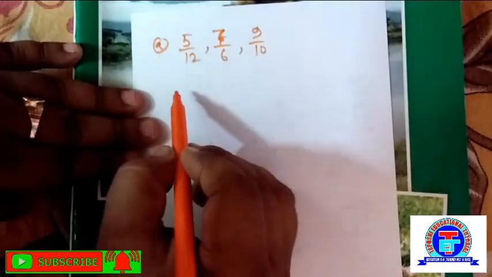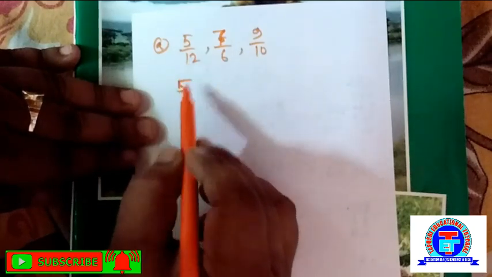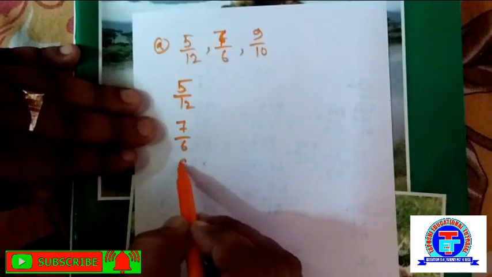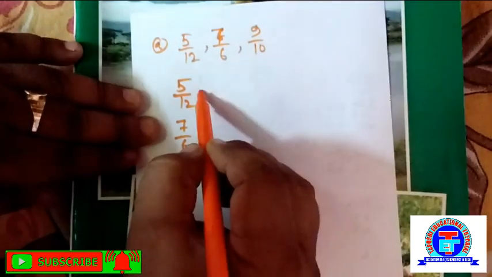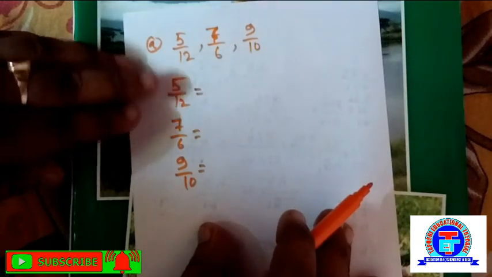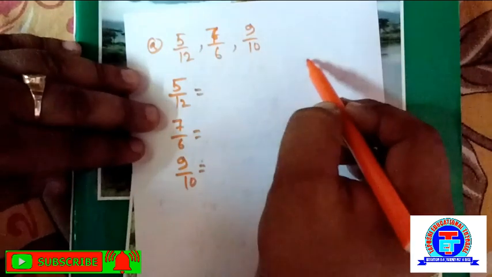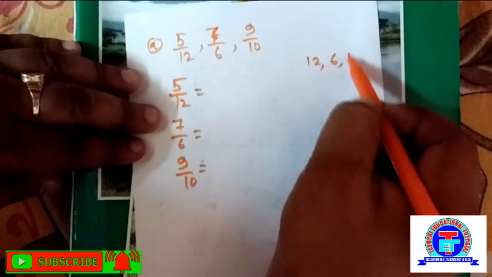First we arrange them in a column: 5 by 12, 7 by 6 and 9 by 10. Right. Then we do LCM of the denominators of the given fractions. Right. So here 12, 6 and 10.